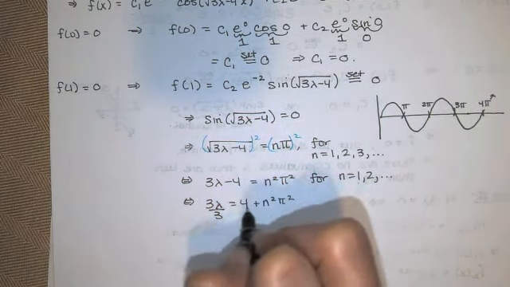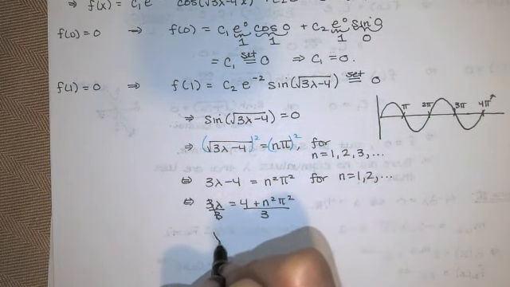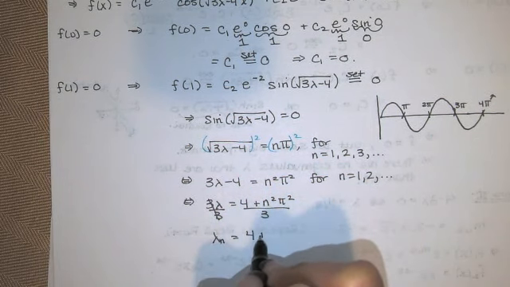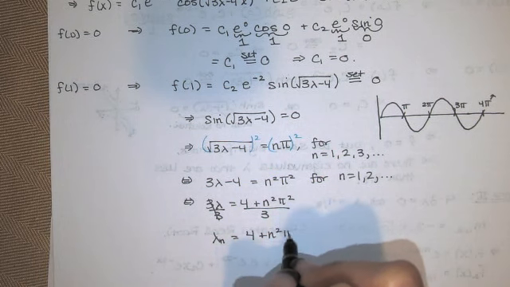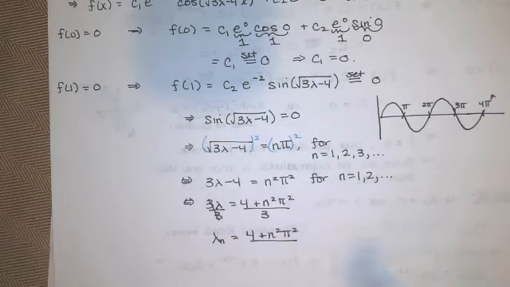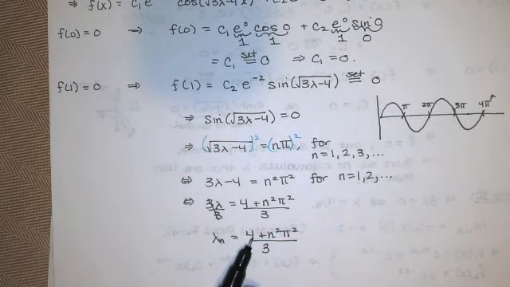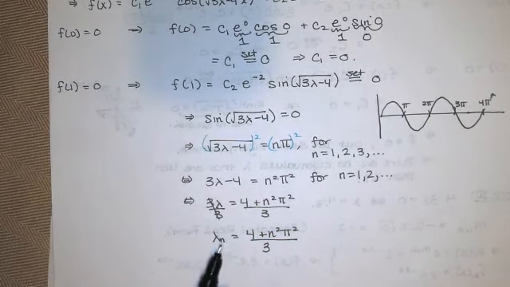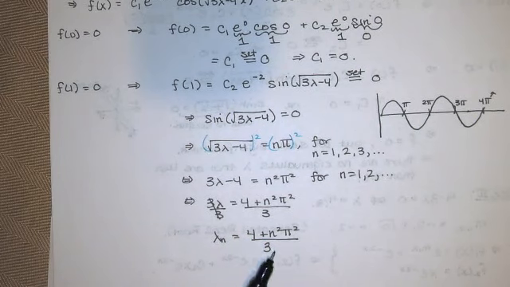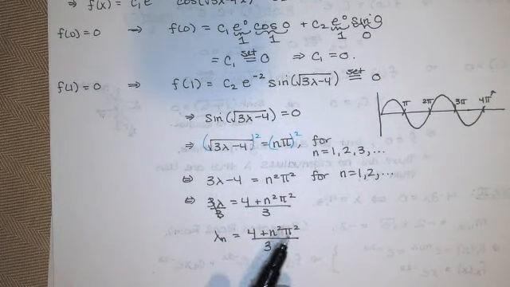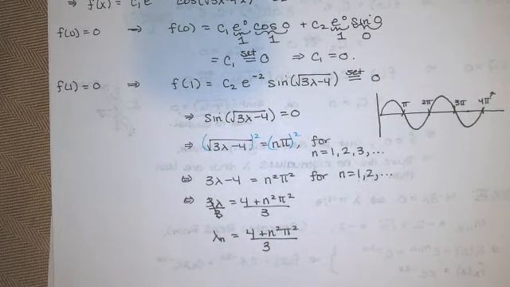Divide both sides by 3. And now you've got an infinite family of lambdas. So instead of calling it lambda, we'll call it lambda sub n. When n is equal to 1, we get 4 plus pi squared over 3. When n is equal to 2, we're going to get 4 plus 4 times pi squared over 3. When n is equal to 3, we're going to have 4 plus 3 squared, which is 9 times pi squared over 3, and so on.